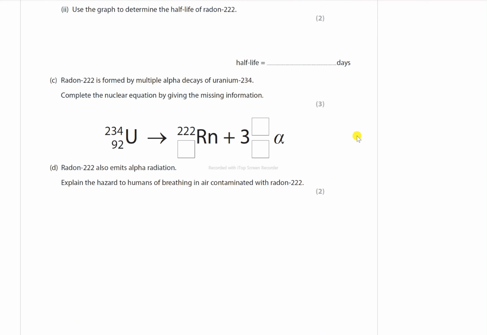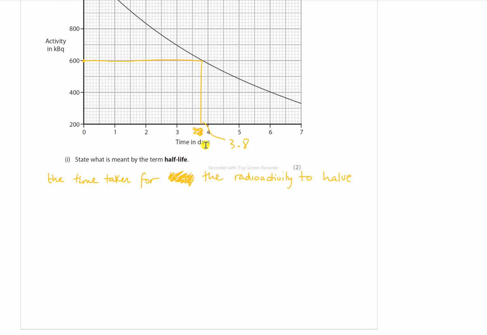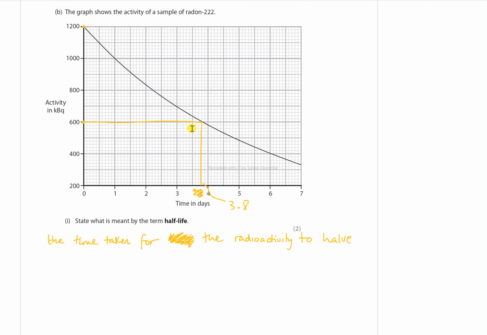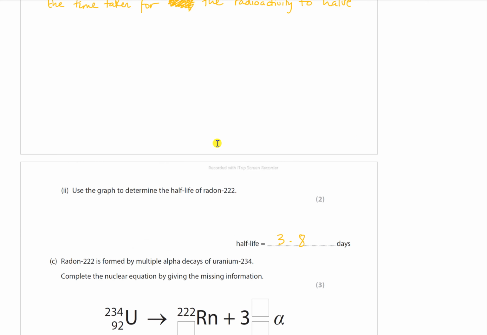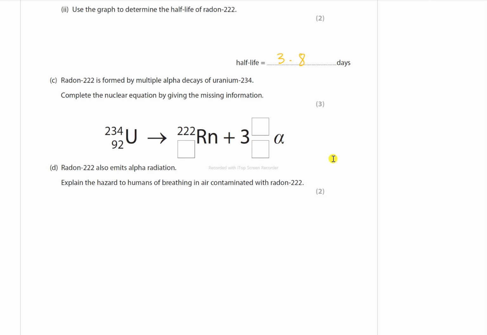I would have lost a mark there. 3.8. You'll get 1 mark if you use these lines, because that's showing the evidence that you used the graph to try to read it off. You might have misread it, but at least you tried. If you just casually read it and put it down and it's wrong, you lose both the marks.